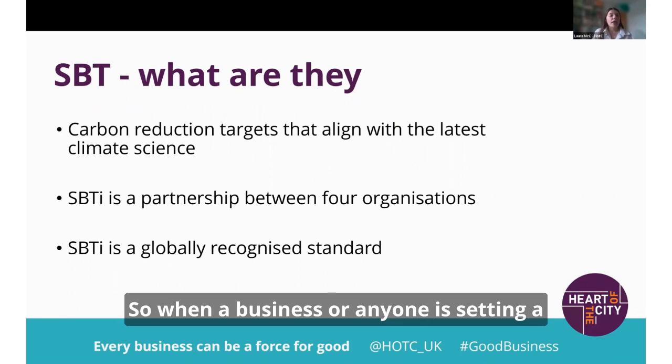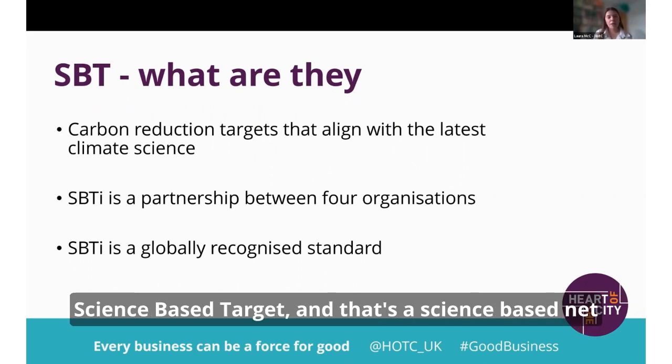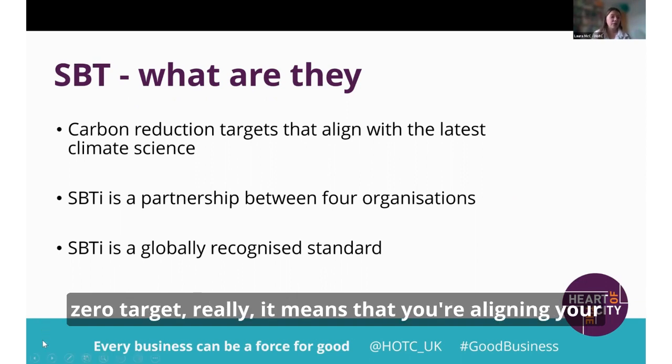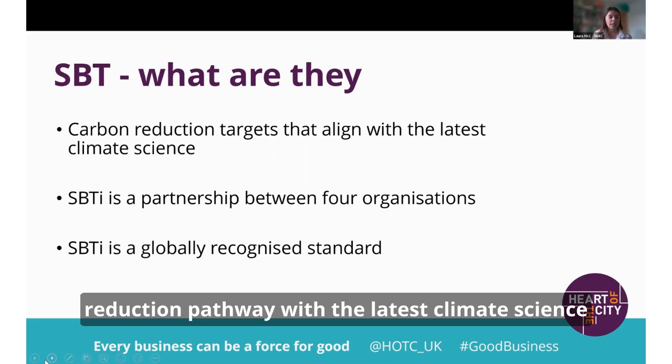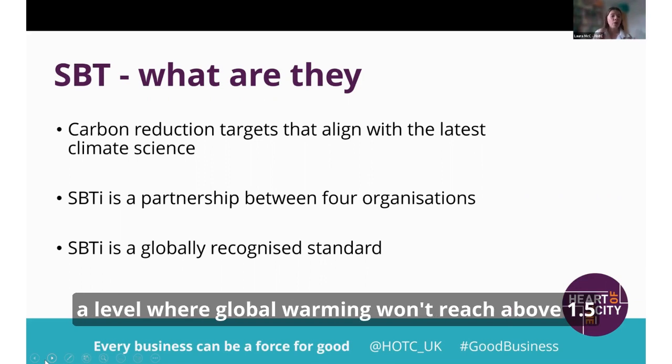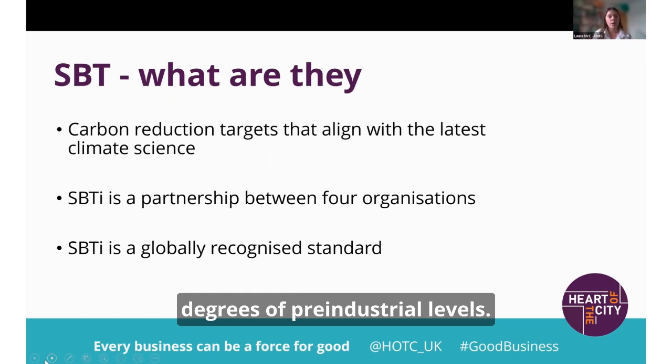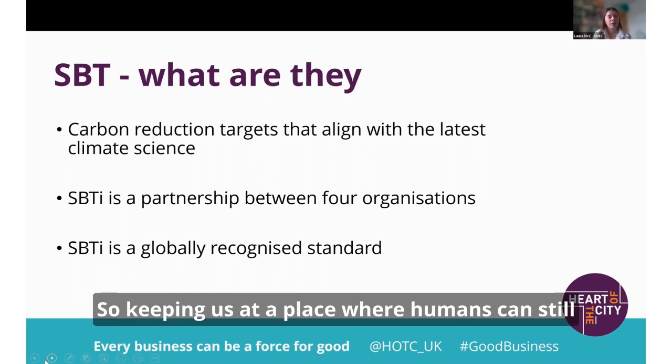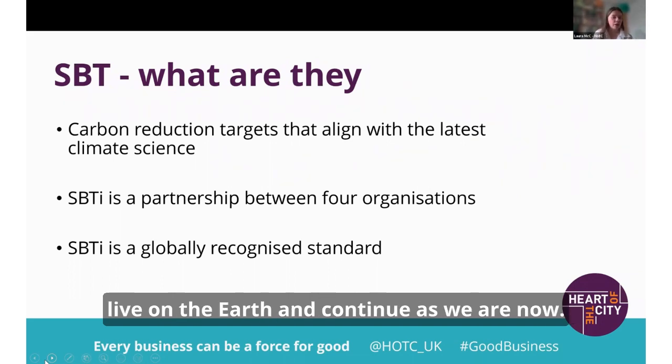So when a business or anyone is setting a science-based target, and that's a science-based net zero target, it means that you're aligning your reduction pathway with the latest climate science and what it says to be able to keep emissions at a level where global warming won't reach above 1.5 degrees of pre-industrial levels. So keeping us at a place where humans can still live on the earth and continue as we are now.